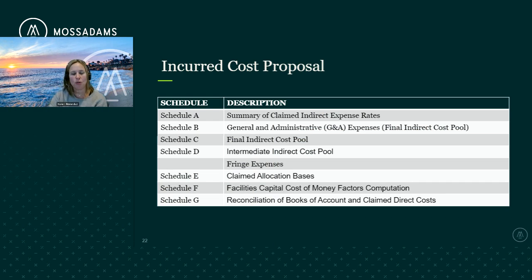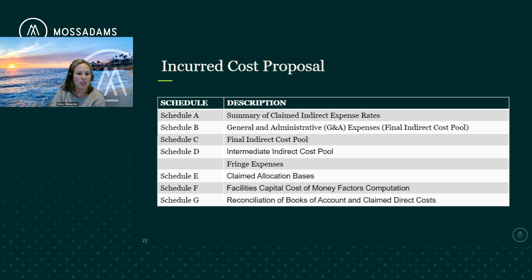So now we'll just go through at a high level the different schedules that are included in the ICE model and what really the purpose is. And if you use the DCAA's model, a lot of these will auto populate based on what you've put into other schedules. So just to really dive in, give a little bit of detail on each of them.